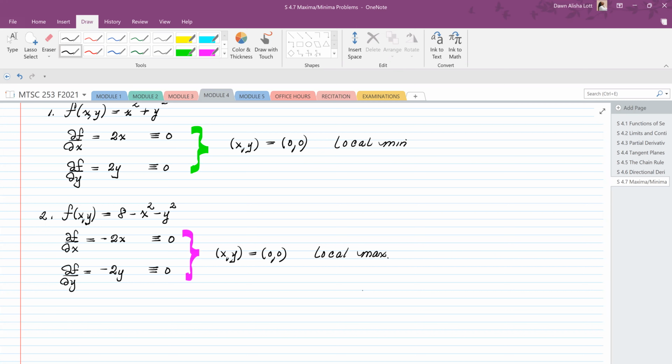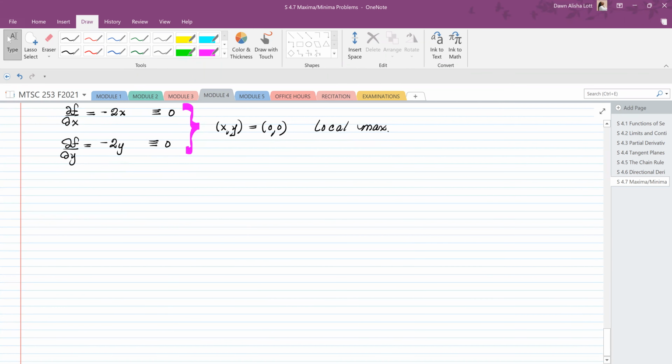So now life gets a little confusing. So now we want to look at case 3. So this is now going to be example 3. And now z equal to x squared minus y squared.